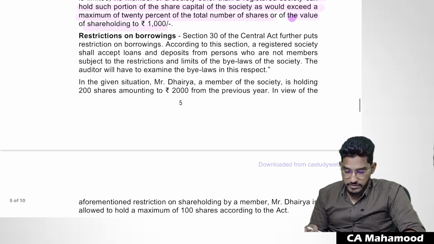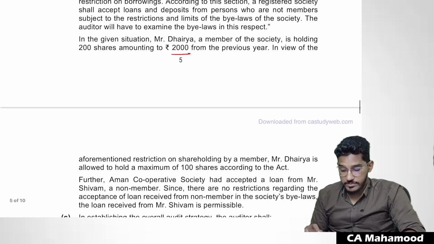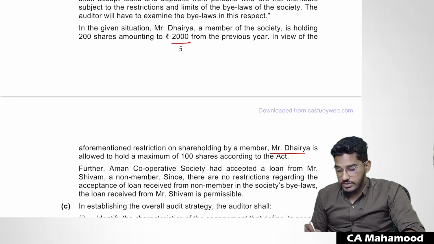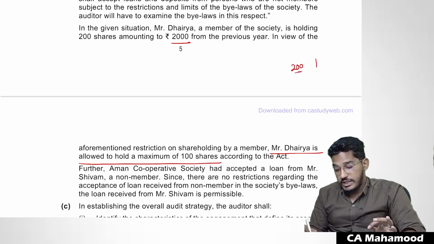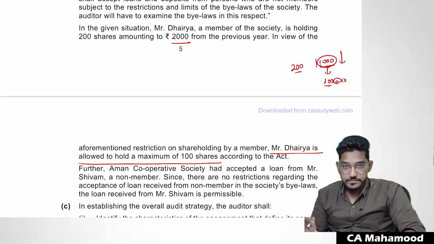Going by that logic, in the given case, Mr. Dhairya, a member of the society, is holding 200 shares amounting to 2,000 from the previous year. In view of the aforementioned restriction on shareholding of the member, Mr. Dhairya is allowed to hold a maximum of 100 shares only. 20% might come to 200, or they have also told the face value of 1,000, whichever is lower. So 1,000 is lower, they can hold a maximum of 100 shares at the rate of 10 each only.